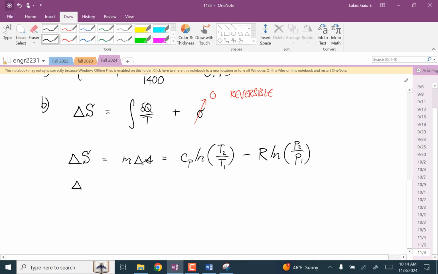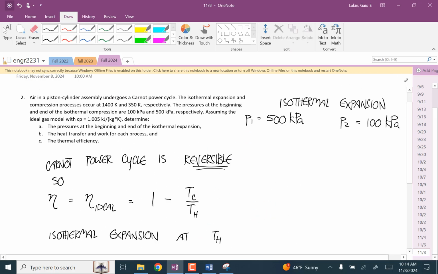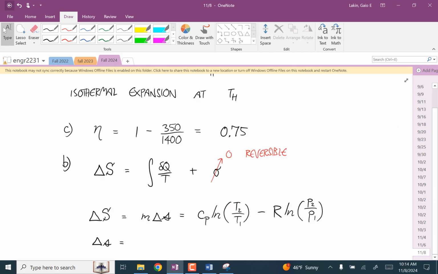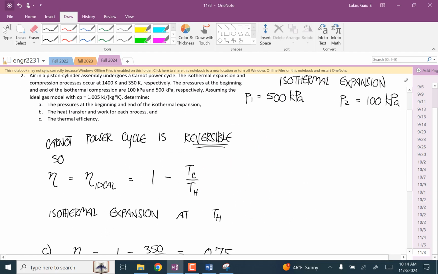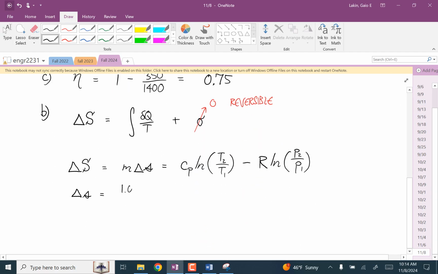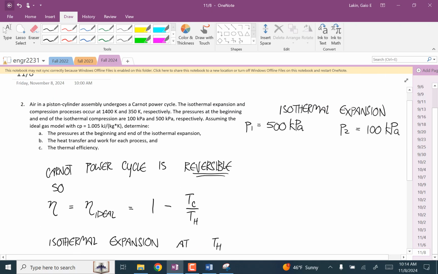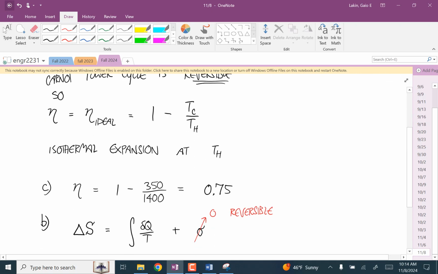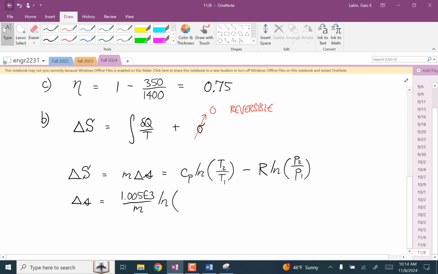And so the change in specific entropy is equal to, we were given this Cp, 1.005 times 10 to the third, divided by the mass times the natural log of, this is isothermal.